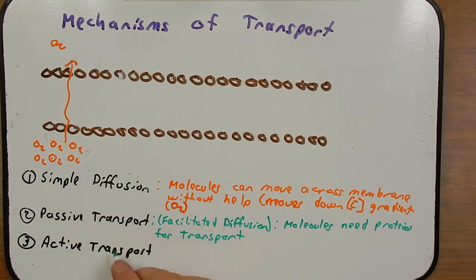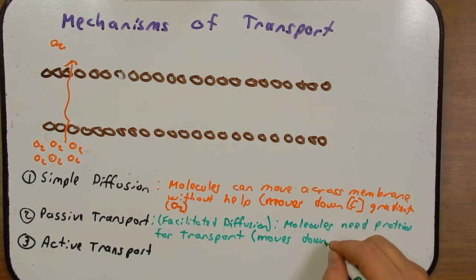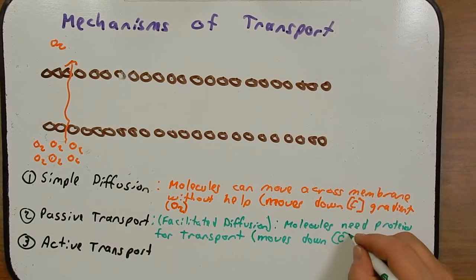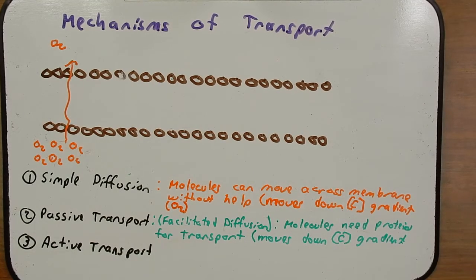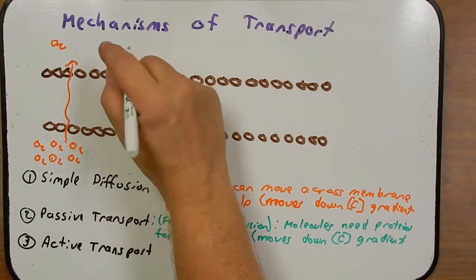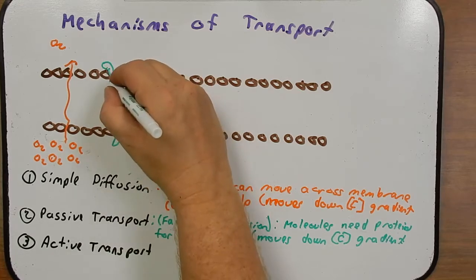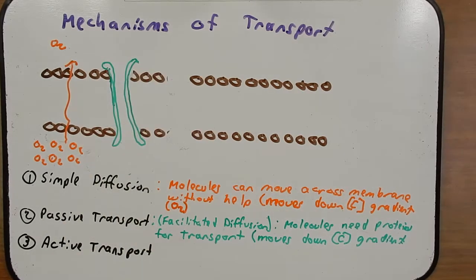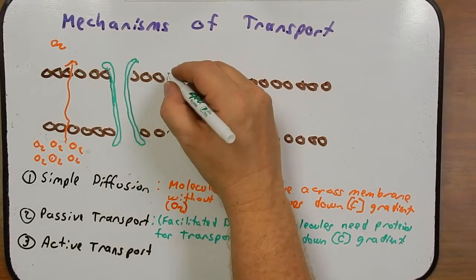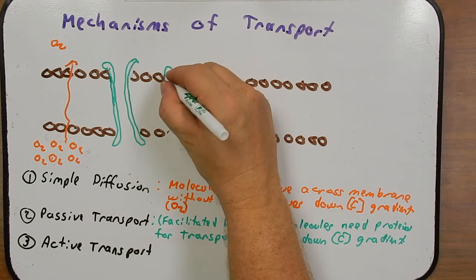Like simple diffusion, passive transport moves down the concentration gradient. Now, passive transport can either use our channels like so, or it could use one of these transport proteins.